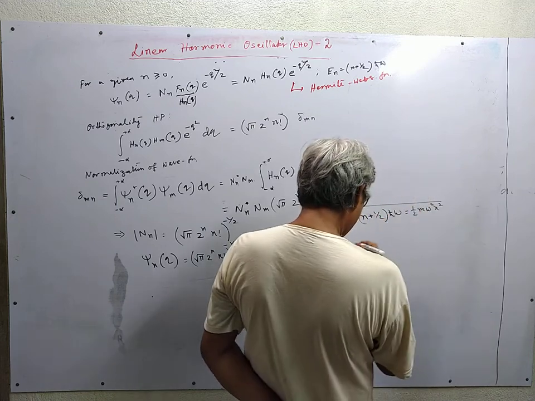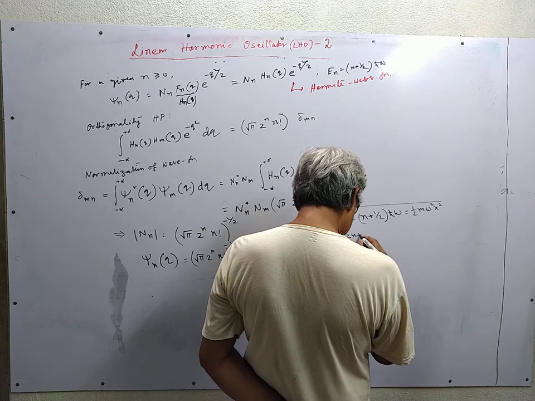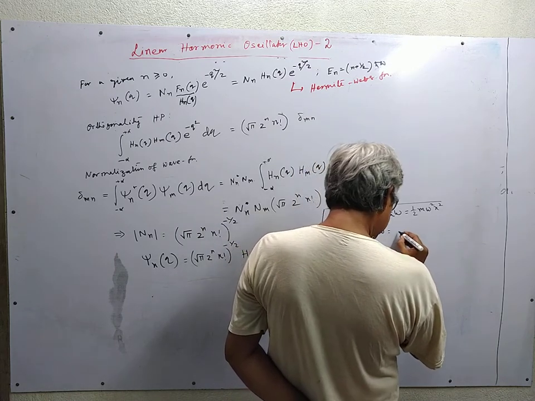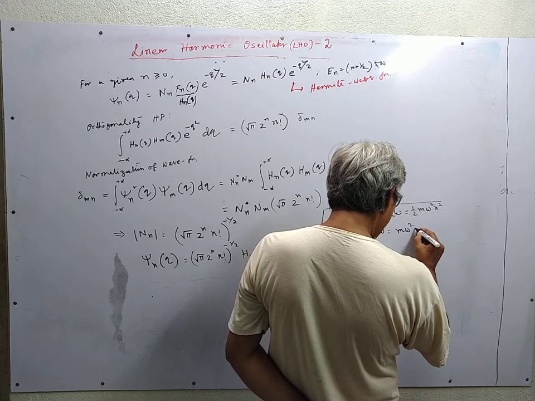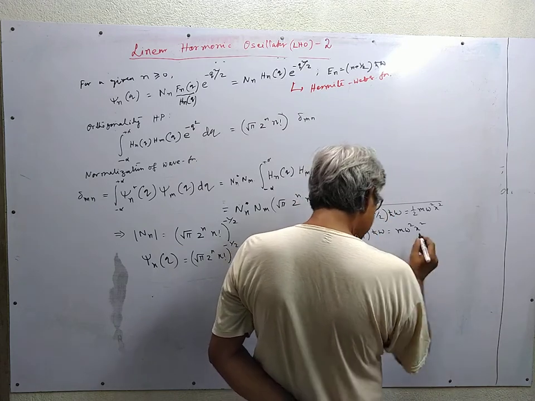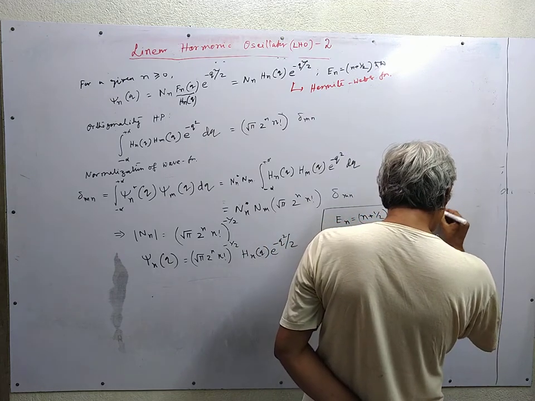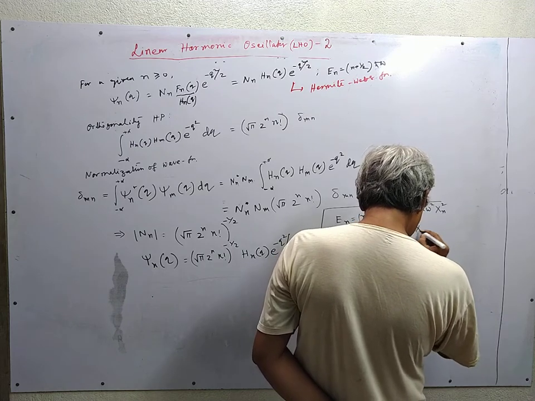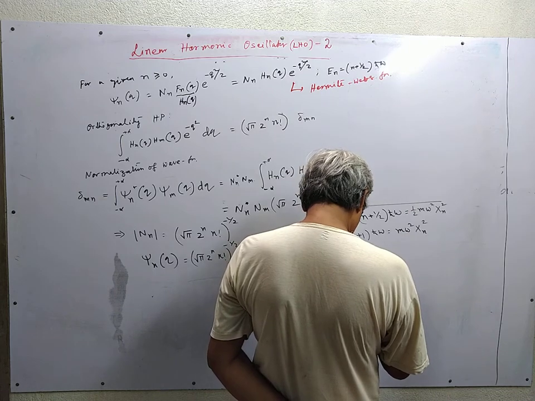If we multiply both sides by 2, we have 2n plus 1 h cross omega is equal to m omega square X square, where this should be capital X corresponding to the state n, so it is X n square.